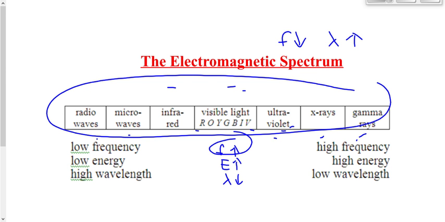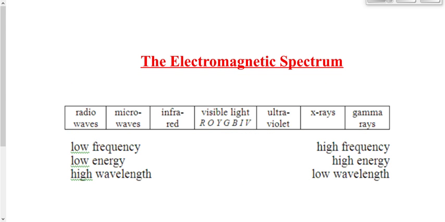There is also a possibility, albeit a far smaller possibility, that you'll have to identify what kind of EMR you have based on the frequency of that particular photon of EMR. Let's say you're given a photon of EMR that has a frequency of 10 to the 15 hertz. What is it? Let's say you have one that's 5 times 10 to the 14 hertz. What is it?